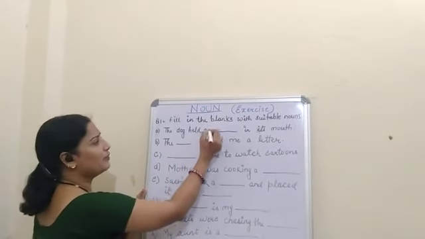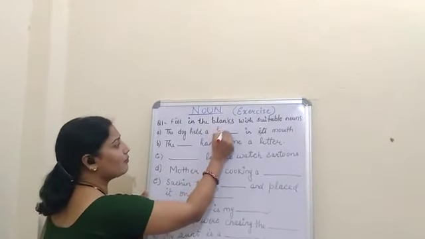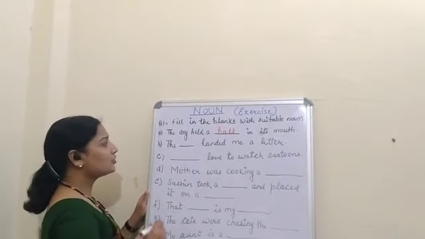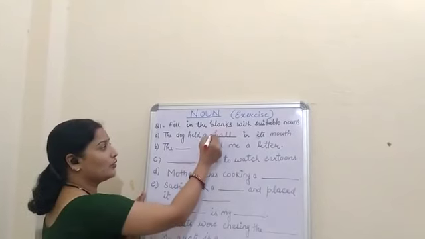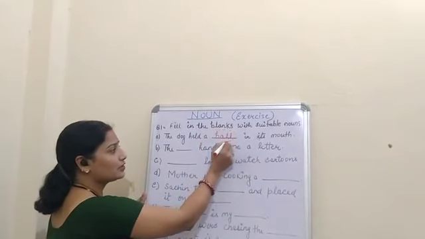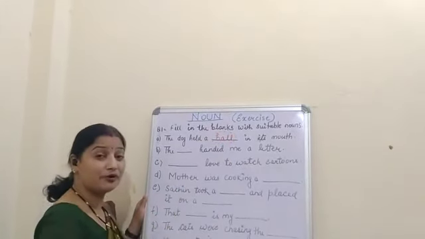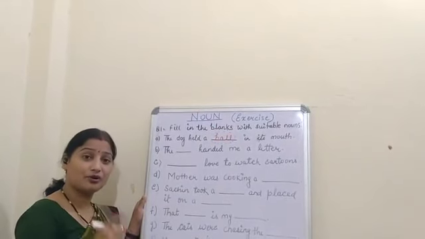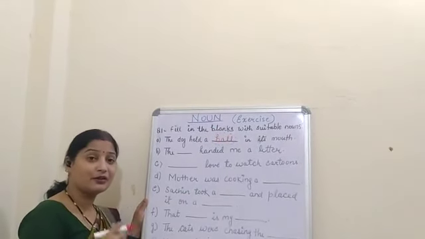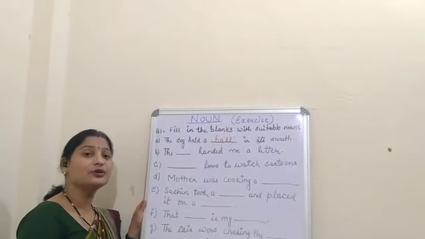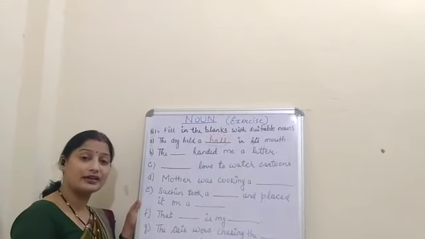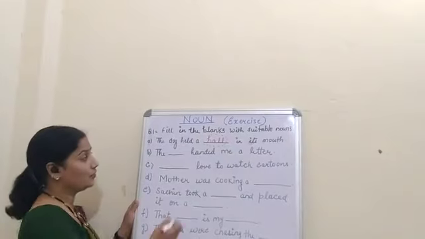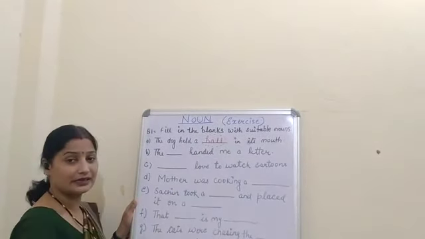Suppose I write a ball. So the dog held a ball in its mouth. Now what is this noun? This will be a concrete noun, because if you remember, we have read that the noun in which we can touch the things is called the concrete noun. So it will be your concrete noun.